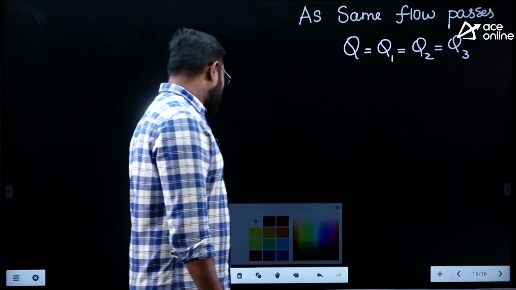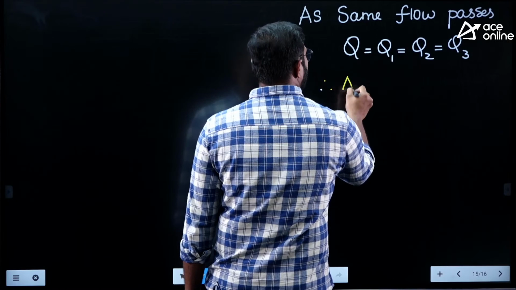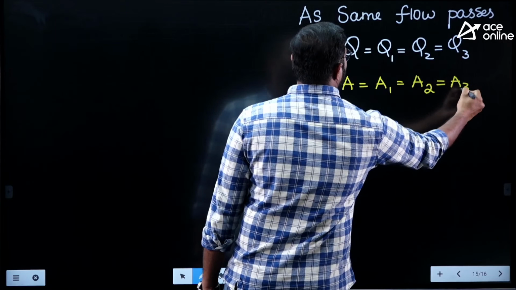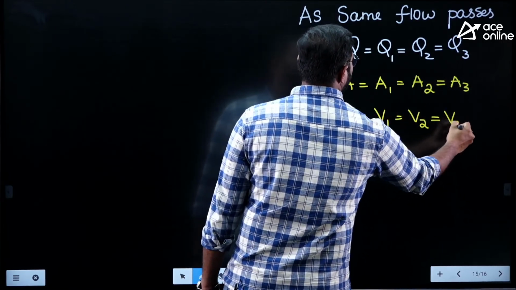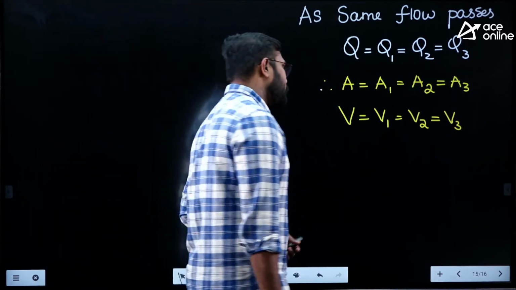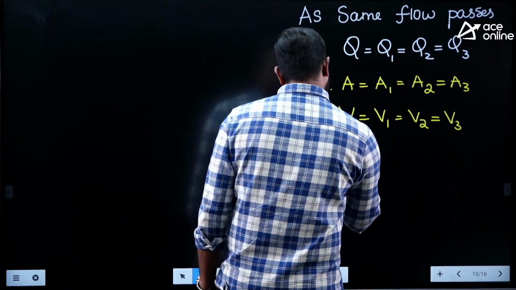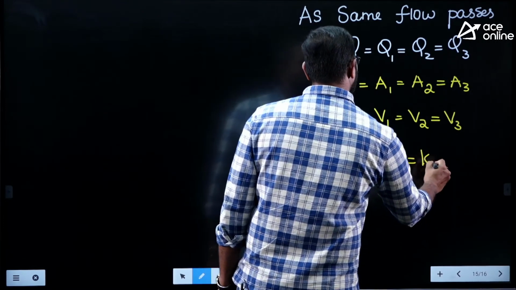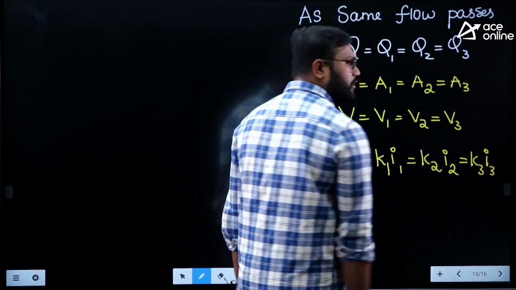The areas are also going to be the same, and I can write that velocity is also going to be the same: V1 is equal to V2 is equal to V3. So K into i is equal to K1 i1 is equal to K2 i2 is equal to K3 i3. Still I haven't applied the concept.